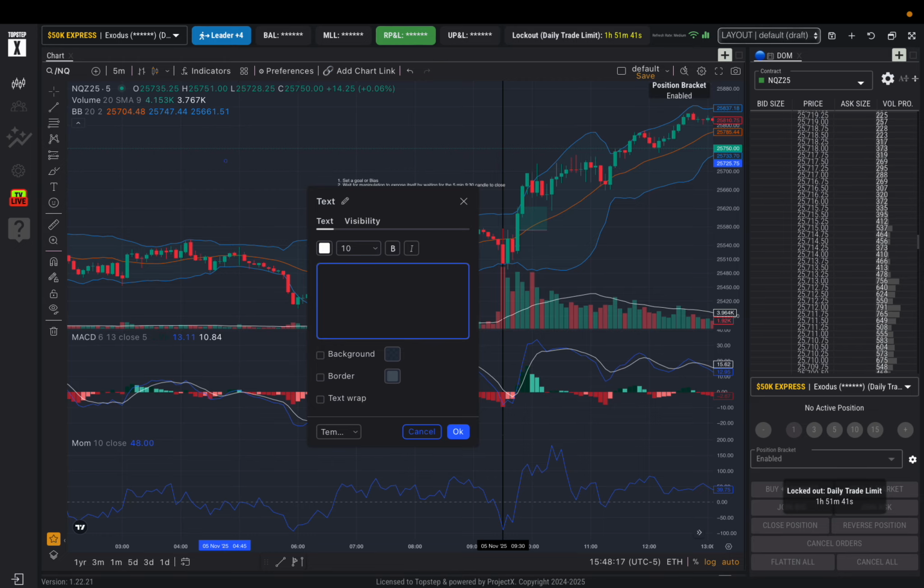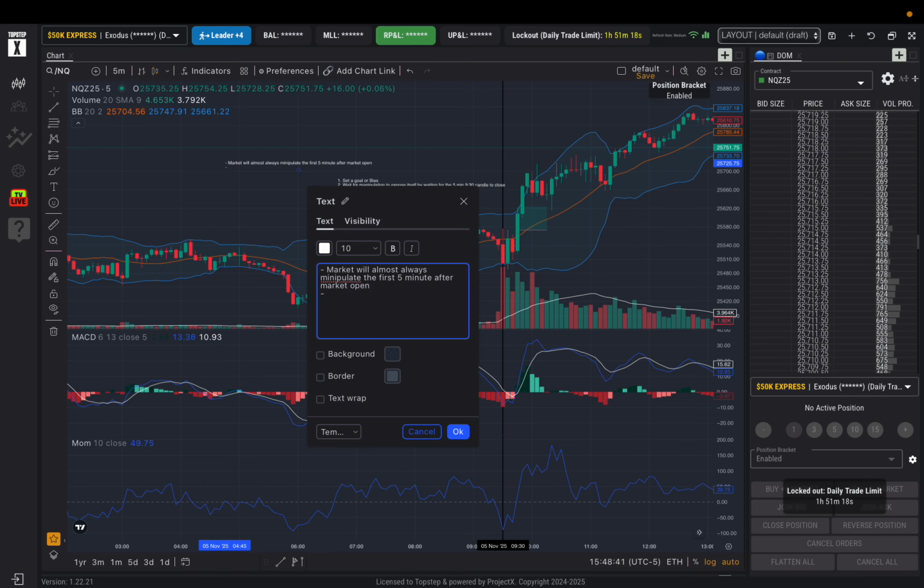Market will almost always manipulate the first 5 minutes after market open, right?